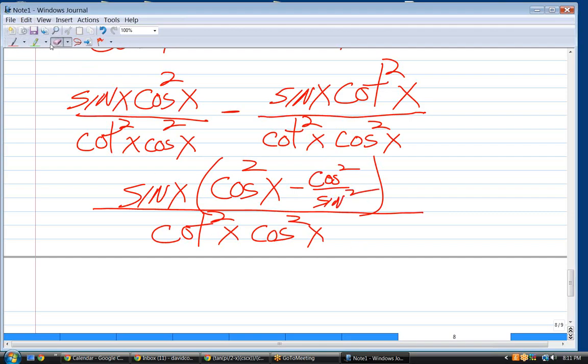And in the bottom, what's cotangent? Cosine squared over sine squared. Now this becomes cosine to the fourth over sine, so let's do that.